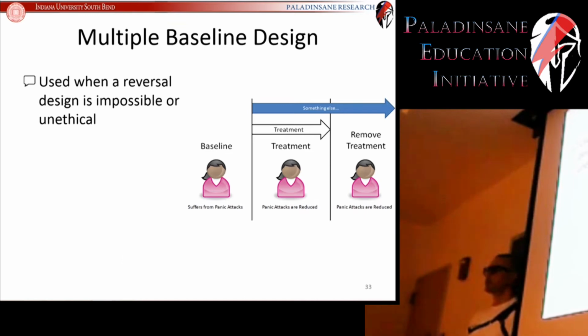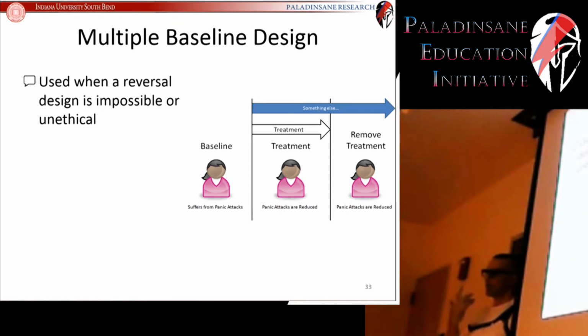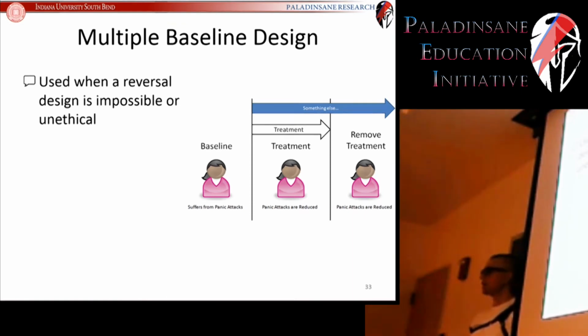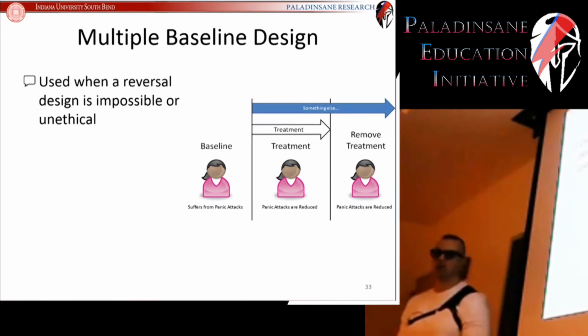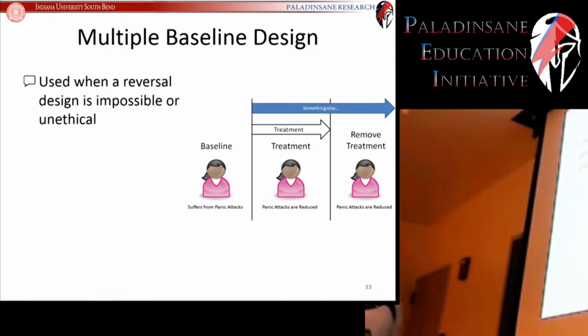We've encountered one of these already, Phineas Gage. When Phineas Gage had that behavioral change because that spike went through his jaw and into his brain, his behavior changed. You cannot reverse that treatment. You can't put that brain back in and see if his behavior goes back to previous levels. So sometimes a reversal design is impossible.